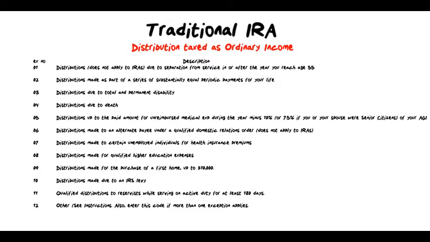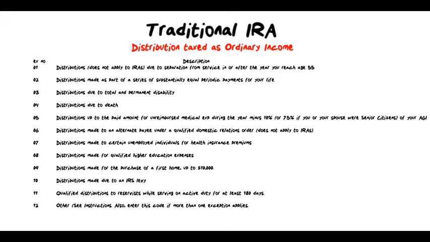Exemption number 8, any distributions made for qualified higher education expenses. Exemption number 9, any distributions made for the purchase of a first home up to $10,000. Exemption number 10, any distributions made due to an IRS levy.